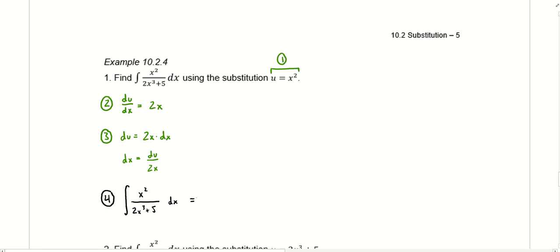With this substitution that we chose, every place I see an x squared, I'm going to replace it with u, and I'm going to replace my dx with du over 2x. So let's see what that does for us. So this is the integral of x squared, that becomes u, over 2x cubed plus 5, and my dx becomes du over 2x.